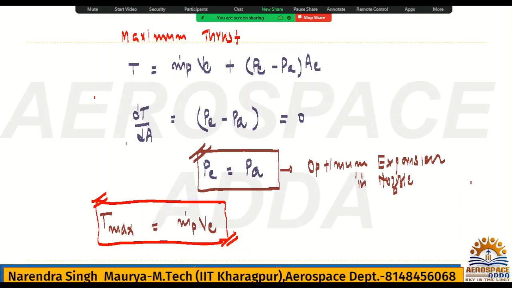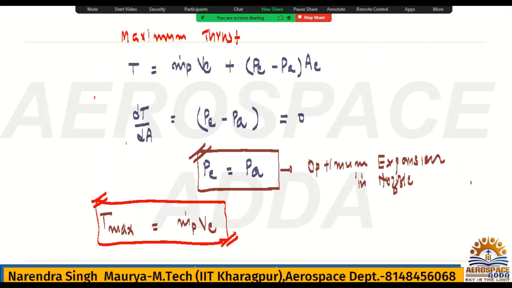So the condition provides a maximum thrust for a given chamber pressure and propellant mass flow rate. The rocket nozzle in which this condition is achieved is known as the optimal expansion ratio of the nozzle. So whenever you are getting maximum thrust with PE equal to PA, it is for a given chamber pressure, temperature and propellant mass flow rate.